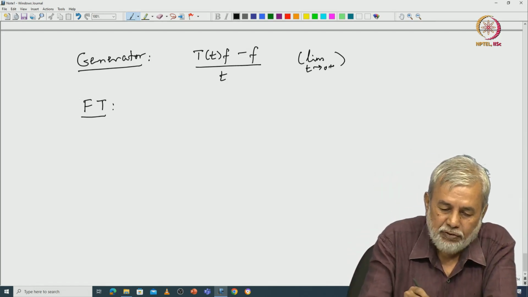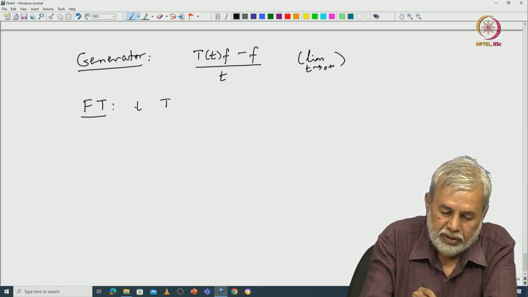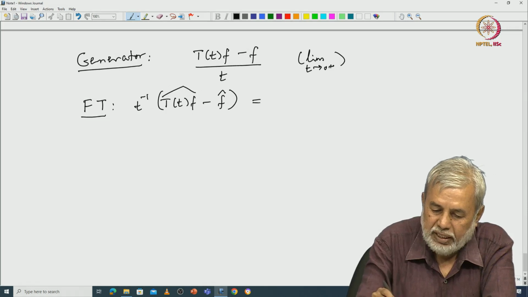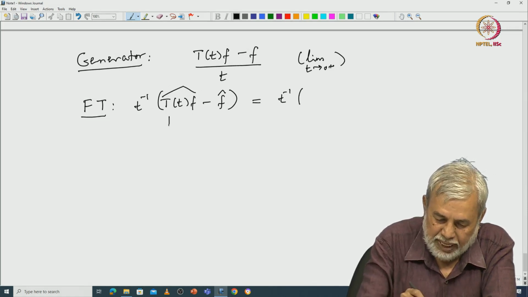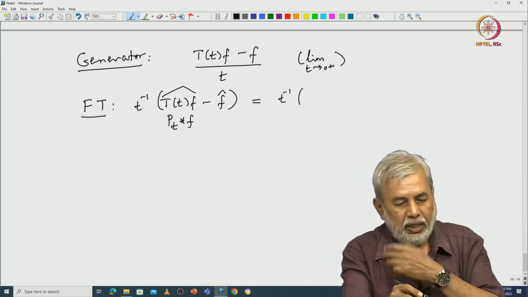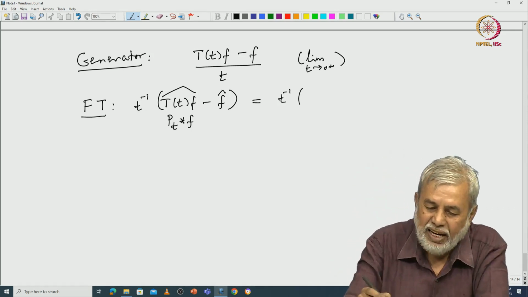Okay. So, taking the Fourier transform, this is just 1 over t times (T(t)f hat minus f hat). So, that gives us 1 over t. So, this is P_t star f. When I take the Fourier transform, it will be the product of P_t hat and f hat.